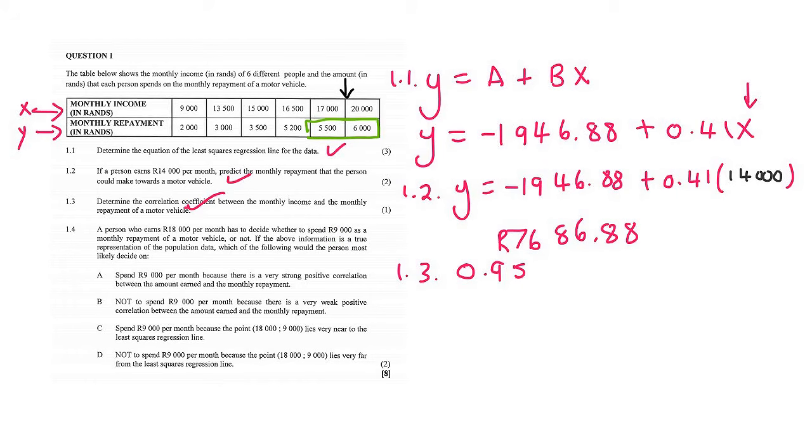So if I was this person, I would not spend 9,000 Rand per month on my car. So I would go for option D, because it says do not spend 9,000 Rand per month, because that point lies very far from the least squares regression line. That's true, because what that means is that the 9,000 does not fit into this data. And so what we said is that we would go with option D.